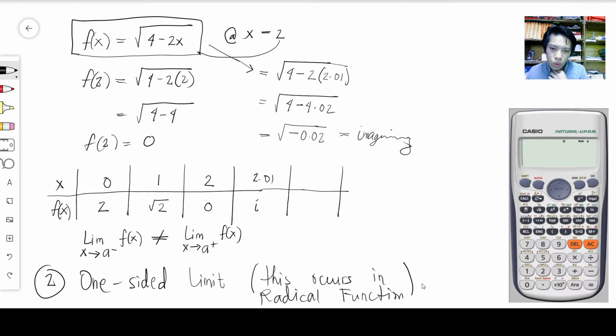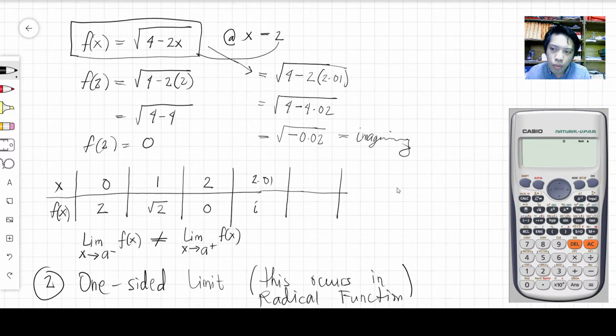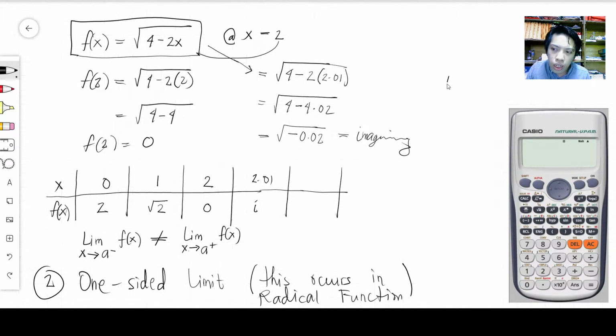Okay. So based on this definition of one-sided limit, we can create another criteria where we can say that a certain function is continuous. Ang una kanina, di ba? Remember? Ang una nato nga nahimo, nayakang kita kanina, that is when f of a exists.